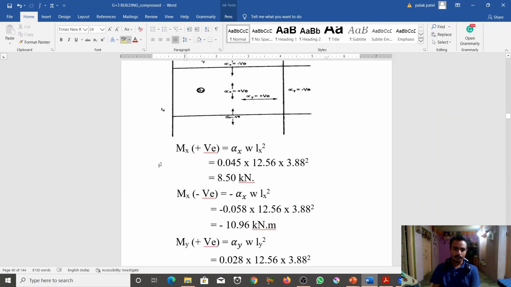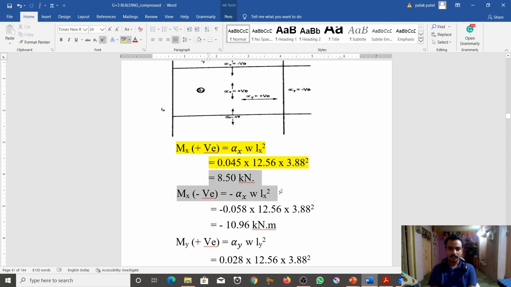For Mx positive, the equation is alpha x w Lx squared: the moment coefficient times load times span squared. So Mx is equal to alpha x 0.045 times w 12.56, the factored load we calculated, times Lx 3.88 squared.